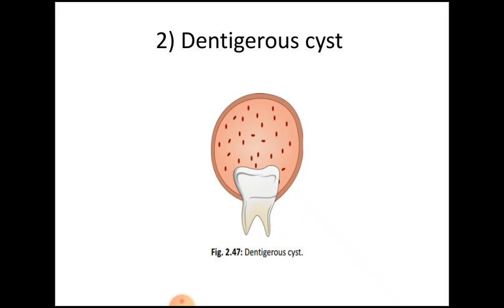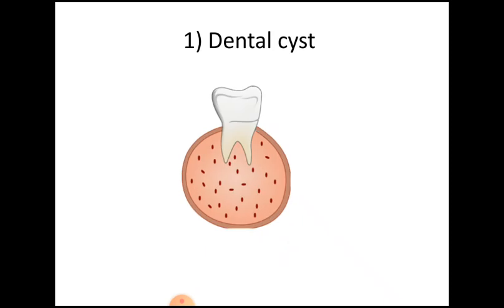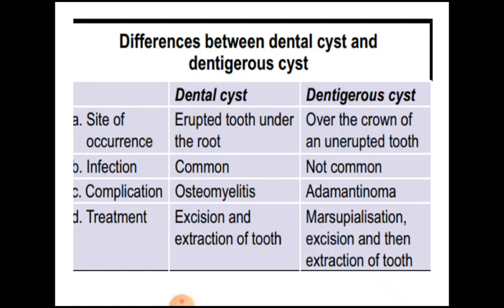Painless swelling near the angle of the jaw with eggshell crackling sensation due to thin bone, and there is in the X-ray a maldirected tooth, and the trabeculations give the soap bubble appearance. The treatment is deroofing of the cyst, removing of the tooth, curettage, and crushing of the alveolus. And this is a comparison between the dental cyst and the dentigerous cyst.